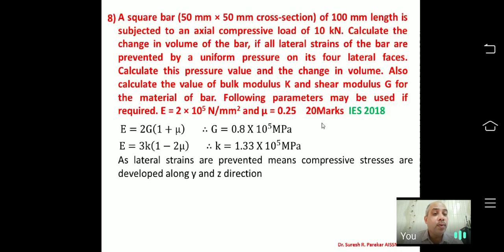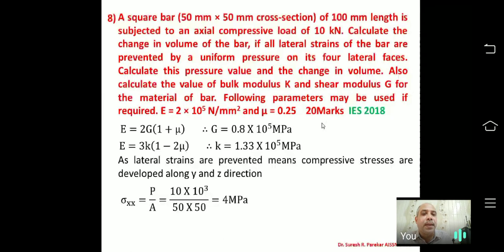And when we have to prevent that deformation, I have to apply compressive stress. So definitely I have compressive stresses along Y and Z direction. Now we can find the sigma xx value. Sigma xx is simply P by A, 10 into 10 raised to 3 upon cross section 50 by 50. I will get a value of 4 MPa.